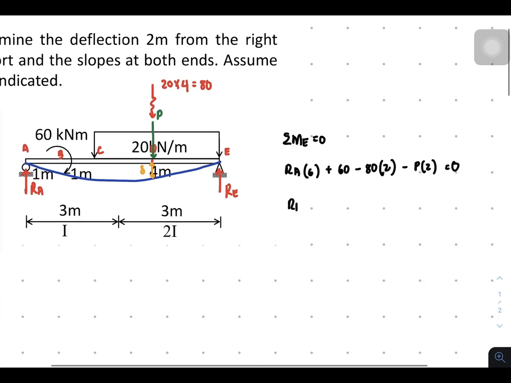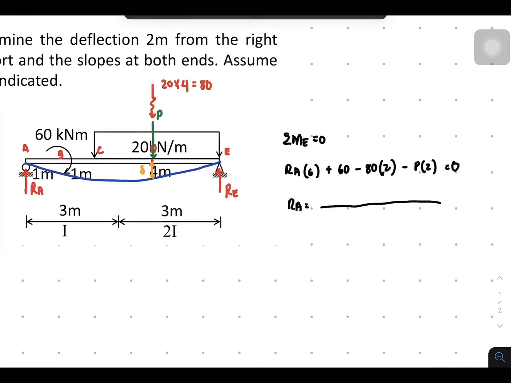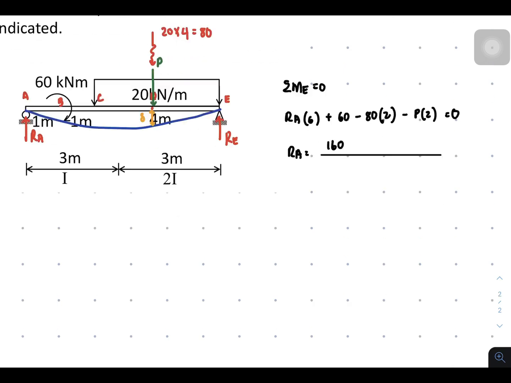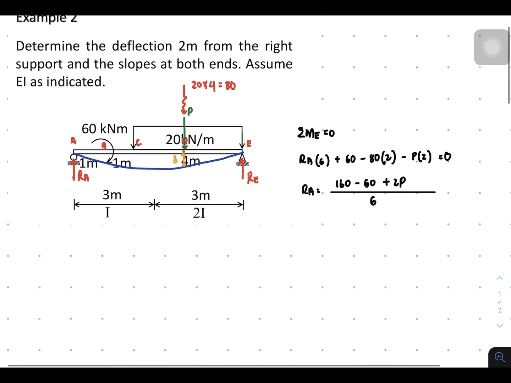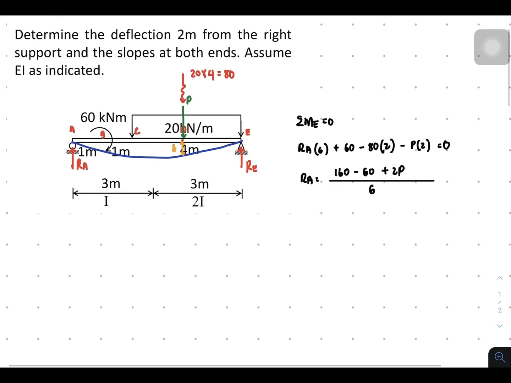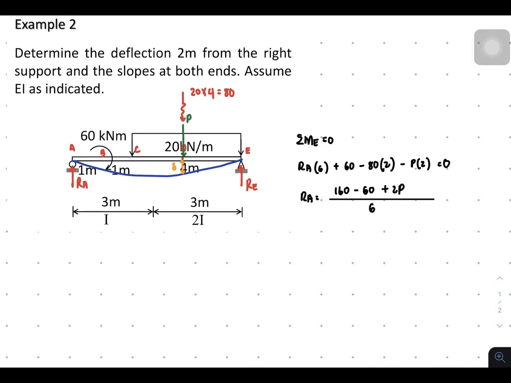So RA is now equal to 160 minus 60 plus 2P, over 6. So we will have RA equal to 100 plus 2P over 6.